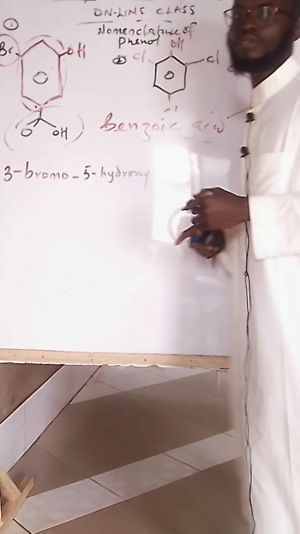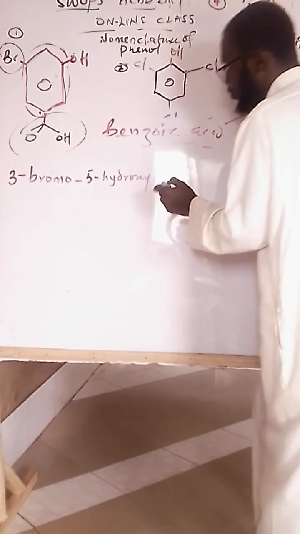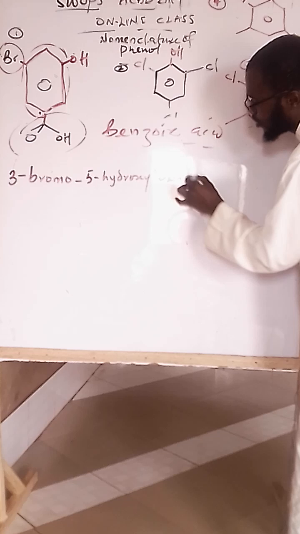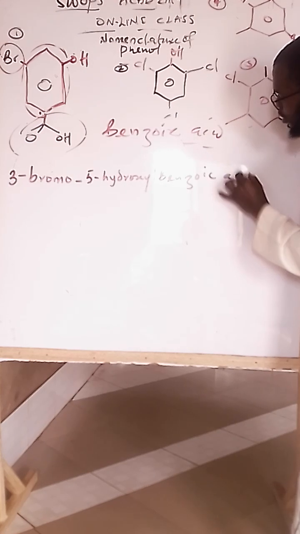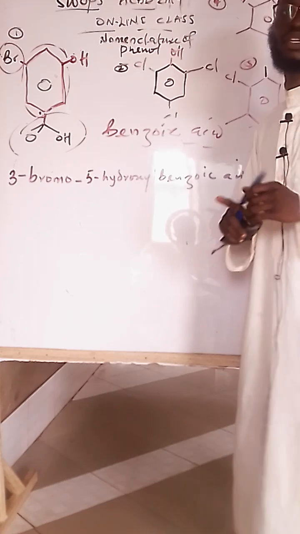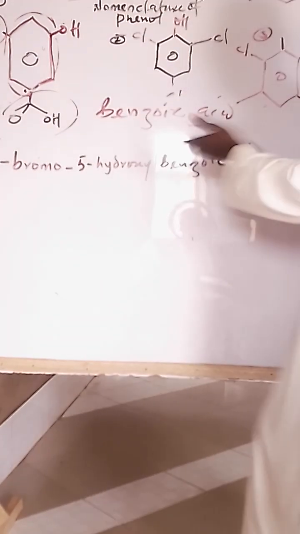Are we still having another substituent here? No. What is the parent name? It will be benzoic acid, or you put ordinary benzoic. 3-bromo-5-hydroxy benzoic acid. That is just the proper way of naming this.